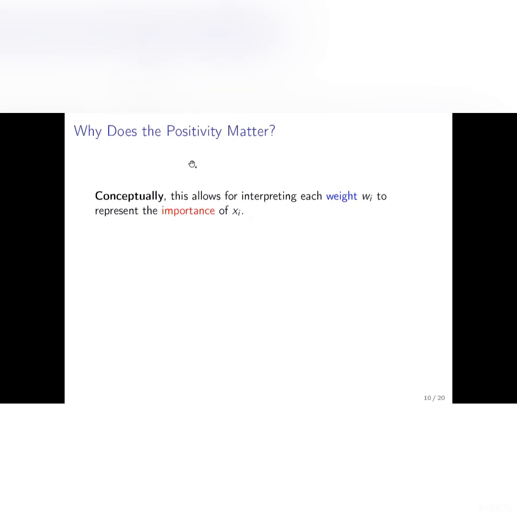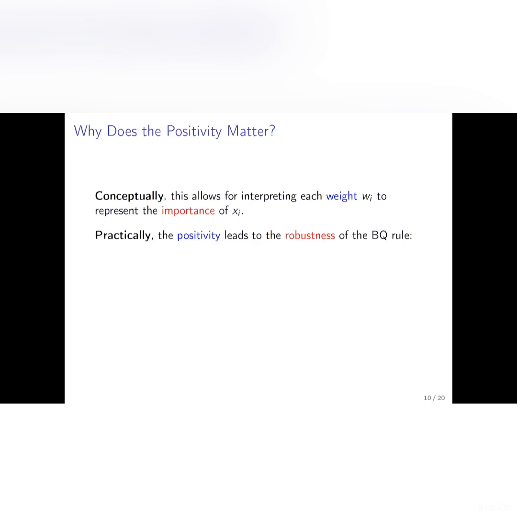Conceptually, if we can guarantee that weights are positive or non-negative, then we can interpret each weight to represent the importance of the corresponding design point in approximating the measure with which you want to integrate. Okay.